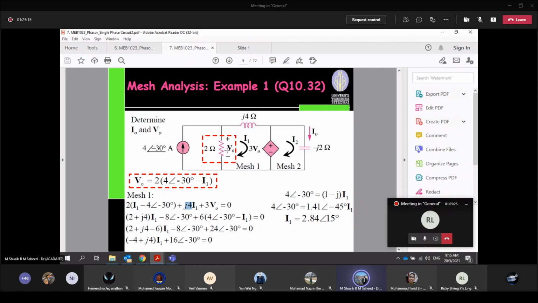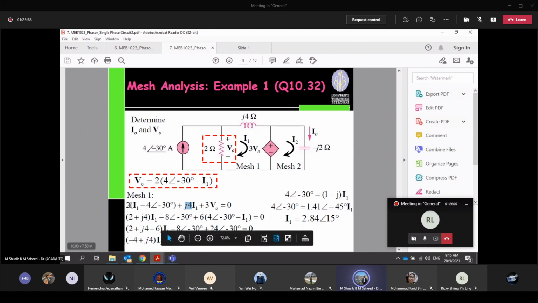And then you move over here, 2 ohm times (I1 minus 4). I1 minus 4 ampere, because this is the current moving in. That's why we didn't take this mesh. This mesh already has the current, which is 4 phase angle negative 30 degrees. So we don't have to really do that. We can just focus on the two meshes. We have two unknowns, so you only need two equations. That's how you approach the problem.